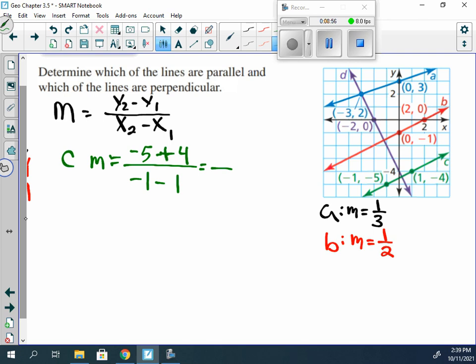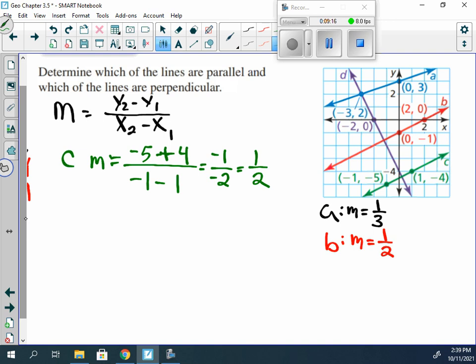-5 minus -4, well, the negative and negative do make a positive, so -5 plus 4 is -1, over -2, which, because the negative and negative would make a positive, gives us 1/2.